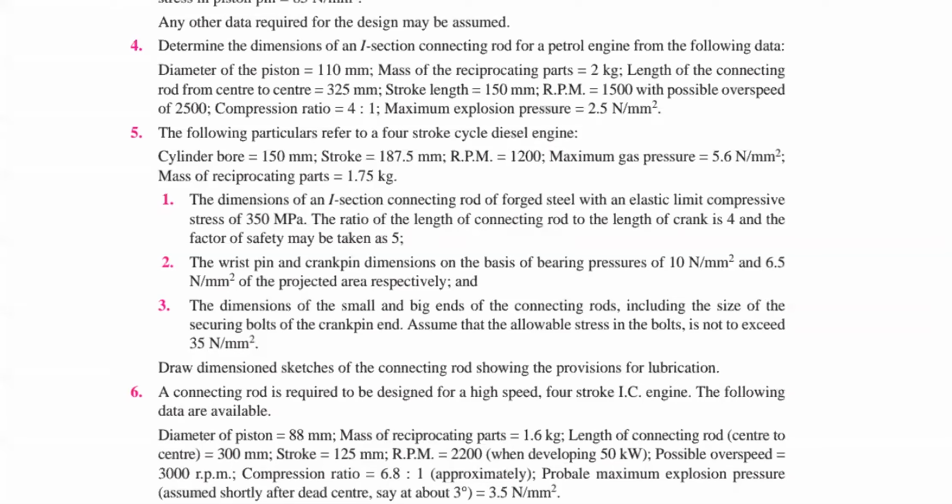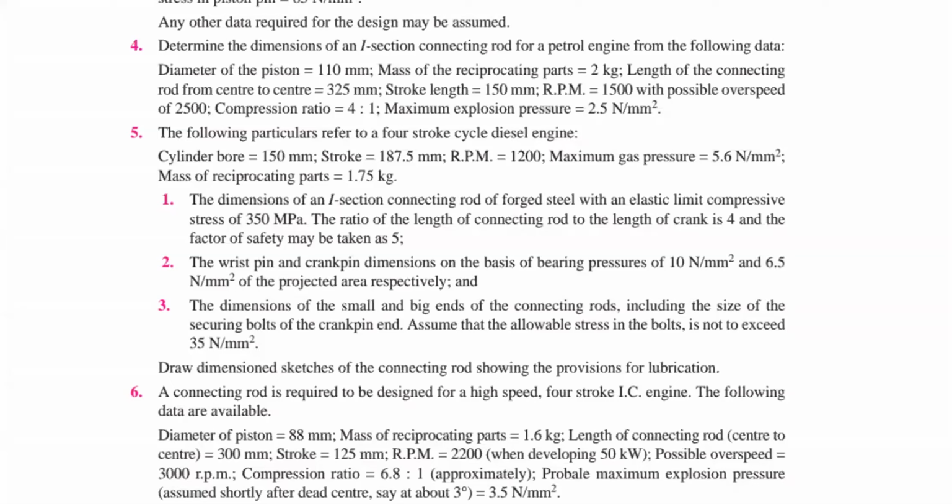Here you are required to calculate only the dimensions of the I section. That is sufficient. Whatever data is mentioned here, the required parameter is only the dimensions of the I section, so please try to find out the dimensions. No need to worry about the remaining parameters, Amma.